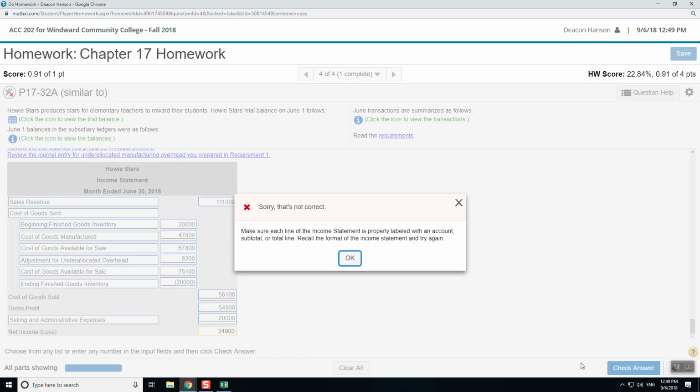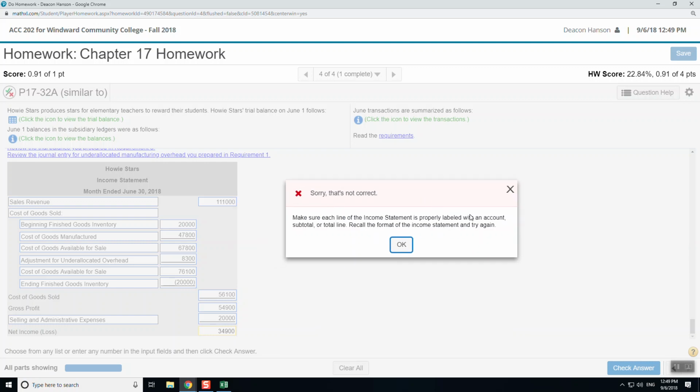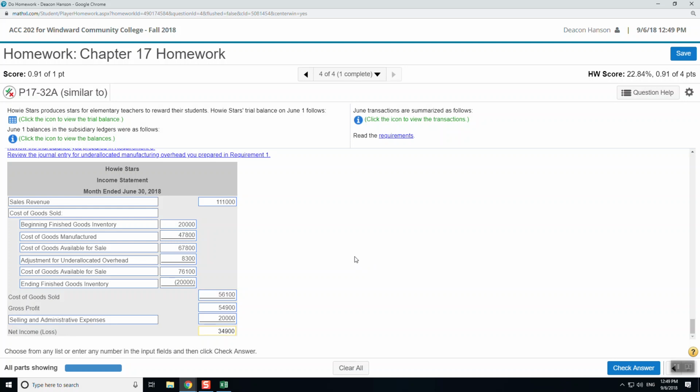Let's see. Okay. Make sure each line of the income statement is properly labeled with an account, subtotal, or total line. Recall the format of the income statement and try again. Sales revenue, cost of goods sold. Maybe it's the cost of goods available for sale. Yes, you're right.